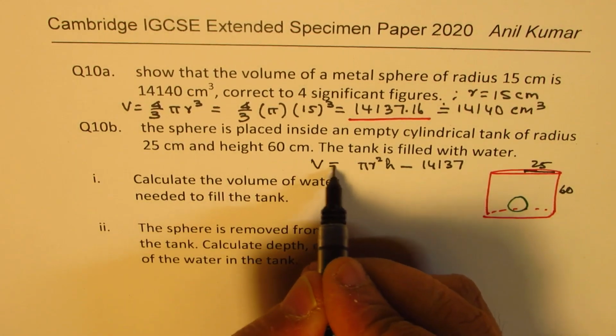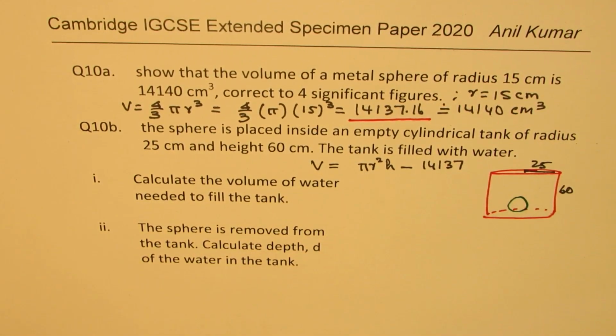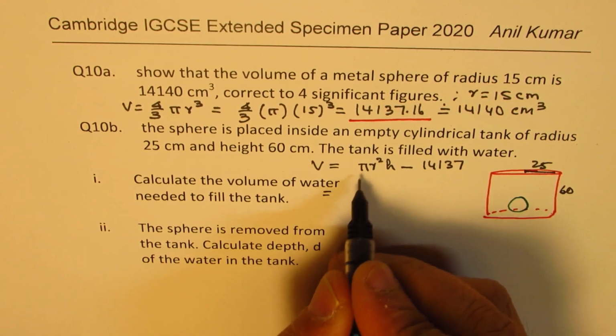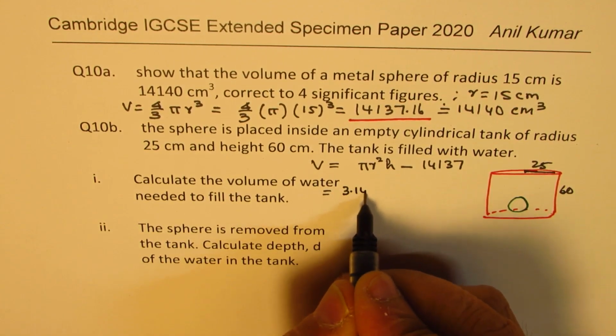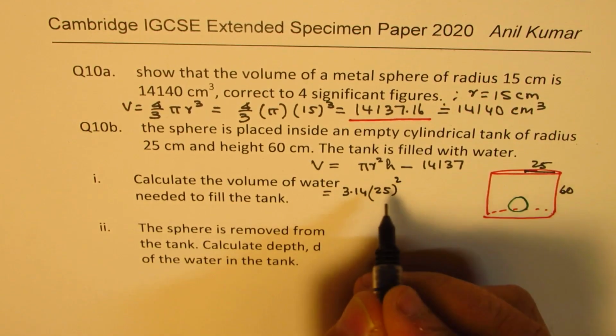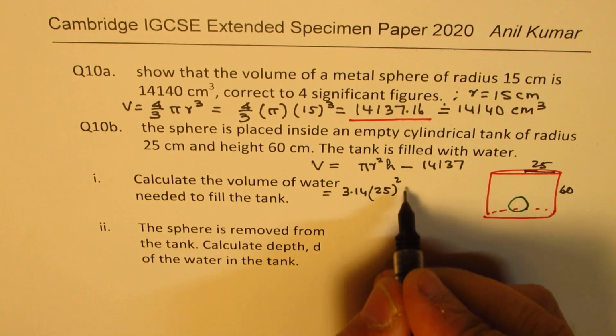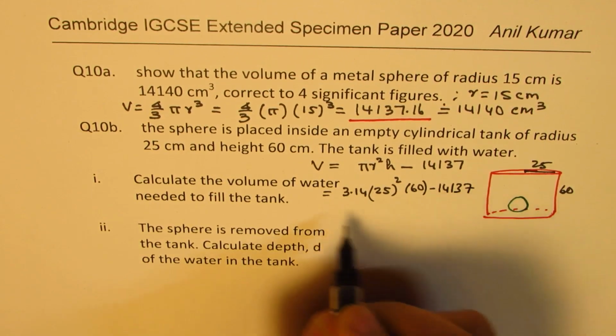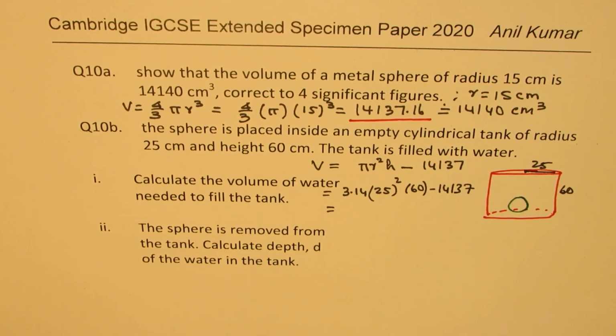So that is the volume of water which will be in the tank. In our case, we can write 3.14, radius is 25, 625 that is the square, height is 60, and then we'll take away 14137.